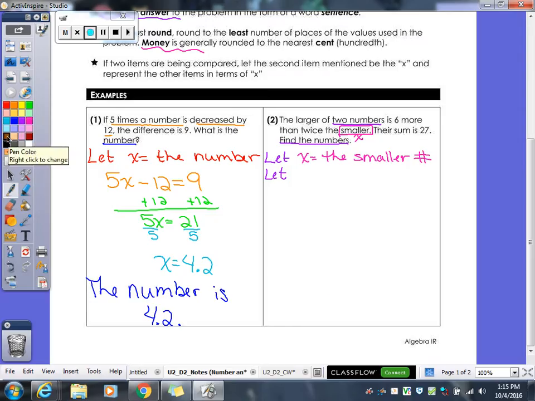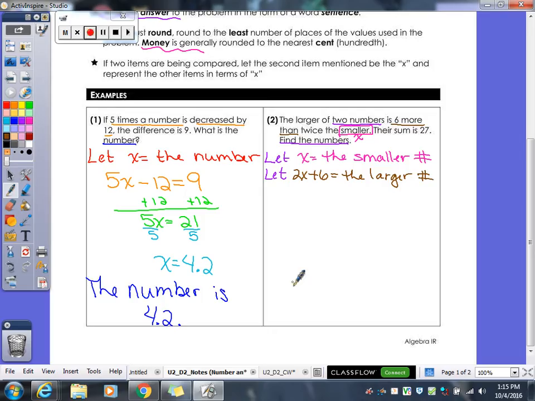So then the larger one is 6 more than twice the smaller. So what does twice mean we're doing? Yeah, multiplying times 2, which would give us 2x. So 2x plus 6 is the larger number. So there's our 2 let statements.